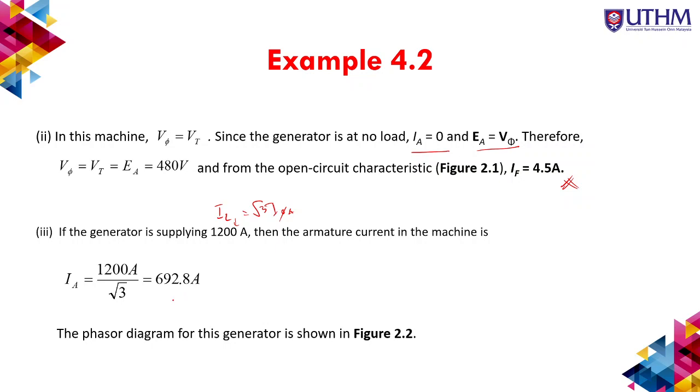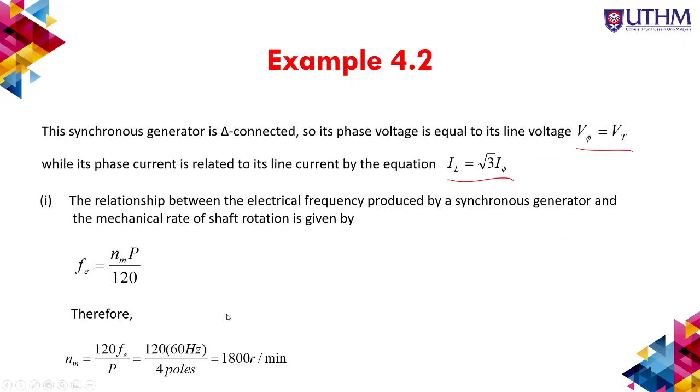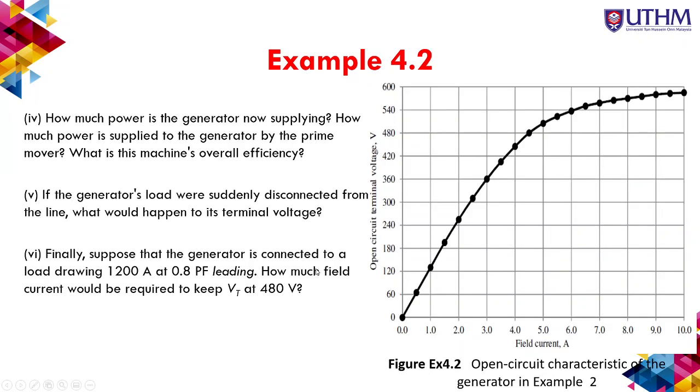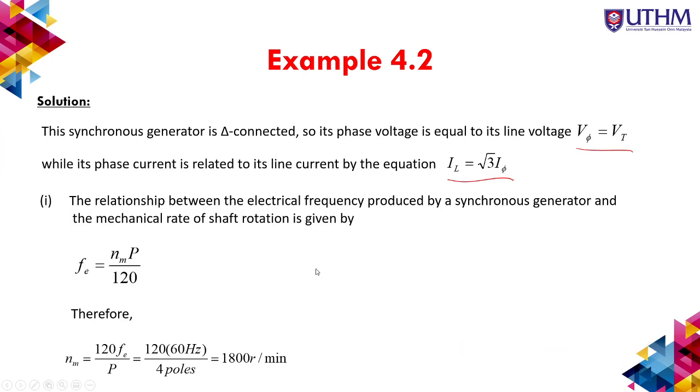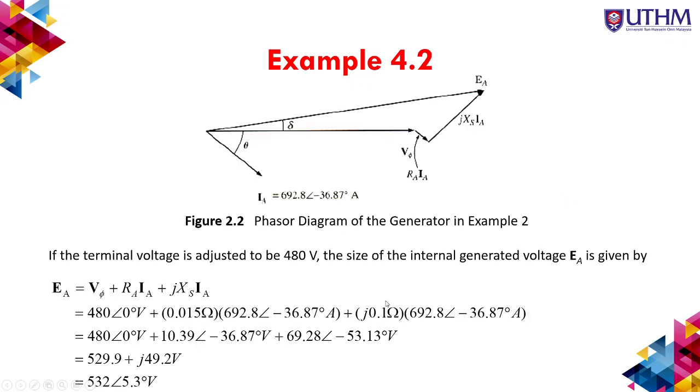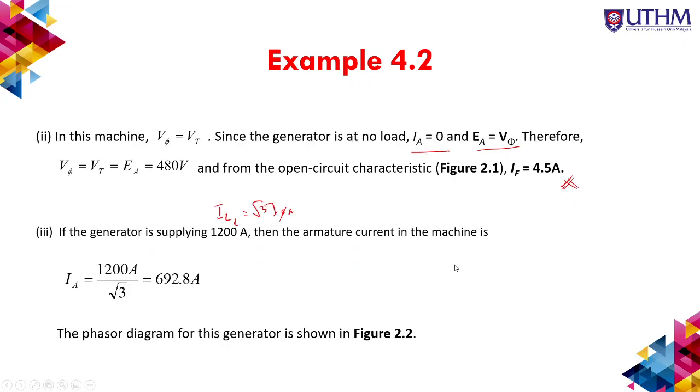But what is the question? The question asks if the generator is connected to the load, what is the field current to maintain the 480? Okay, so we need to look at the figure and do the phasor diagram.